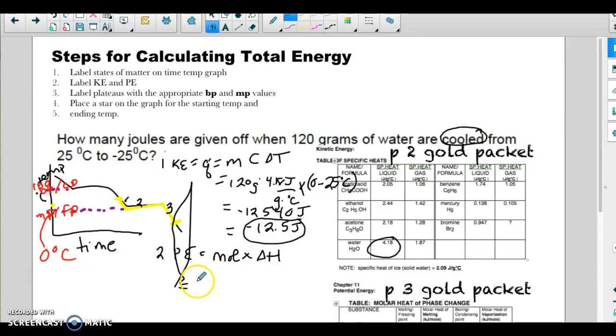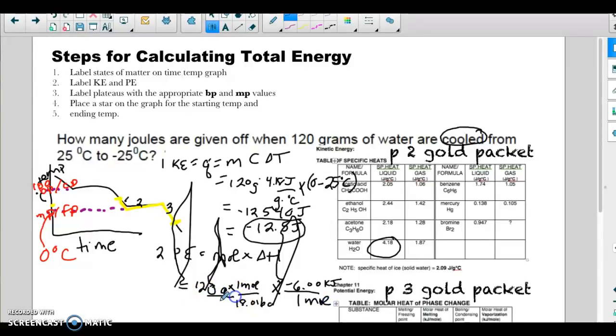So my moles, I would take 120 grams. And I would want to convert that into moles. So 1 mole of water has a mass of 18.016 grams. And then times that negative 6 kilojoules in 1 mole.